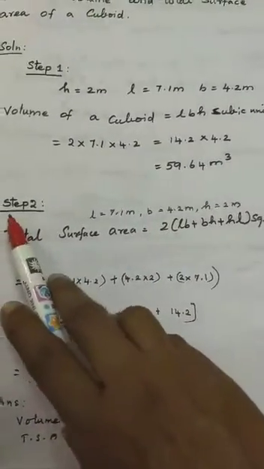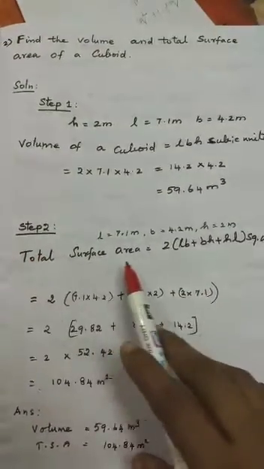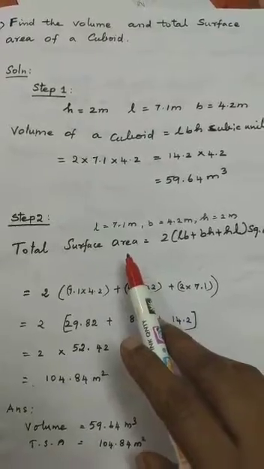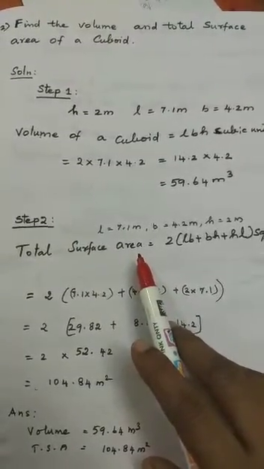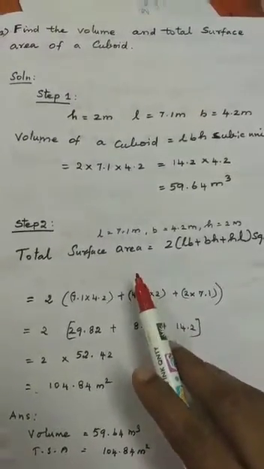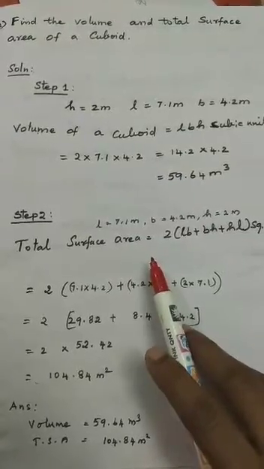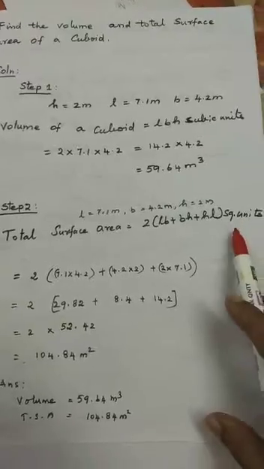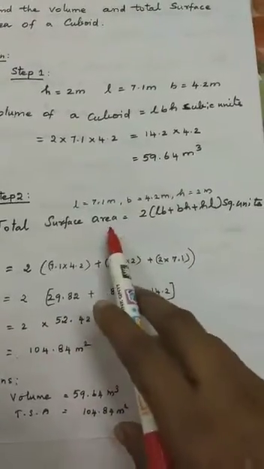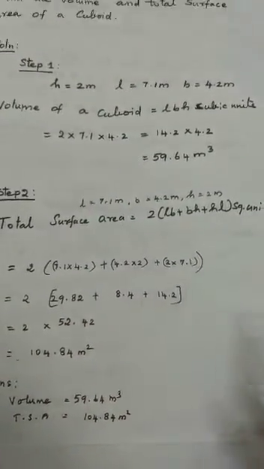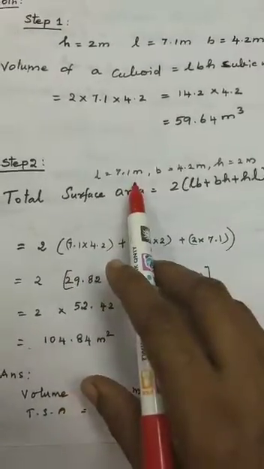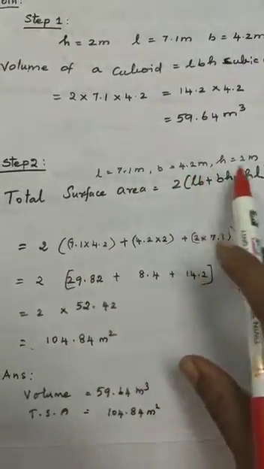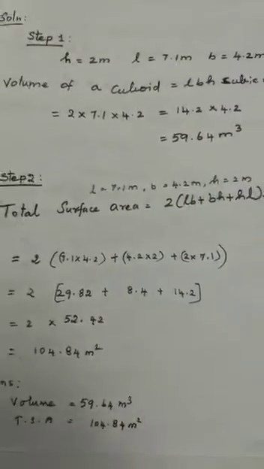Next, step 2. We have to find the total surface area. What is the total surface area formula? Yes, 2 into LB plus BH plus HL square units. Here they have given areas, so square units. L is 7.1 meter, B is 4.2 meter, H is 2 meter.